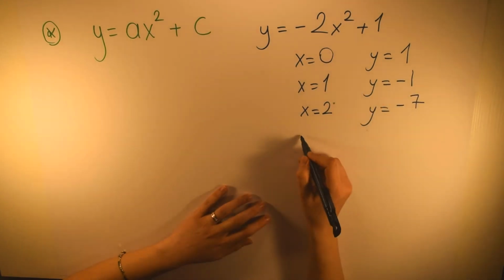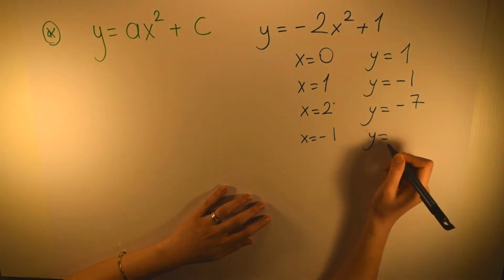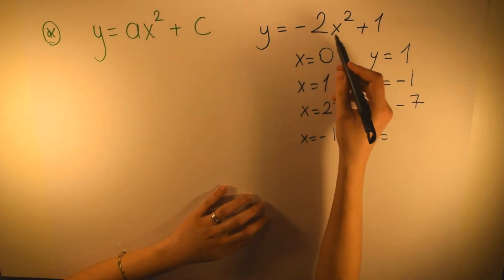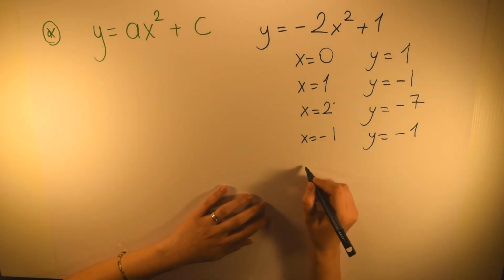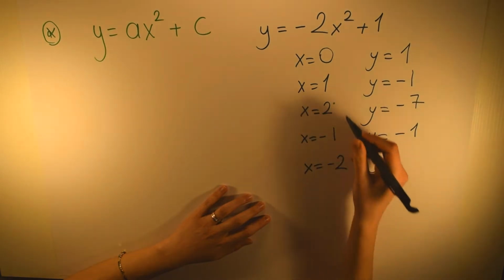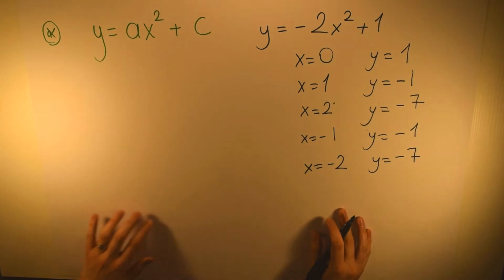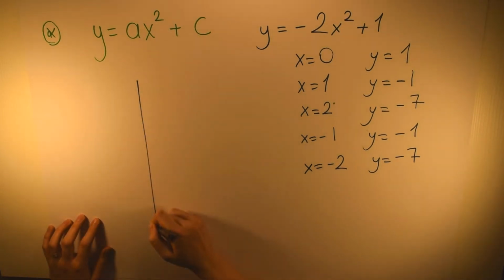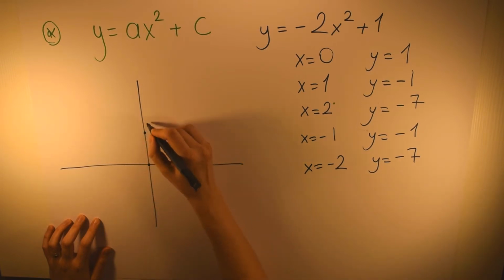When x is equal to 2, y is equal to 2 squared, 4, minus 8 plus 1, it's minus 7. When x is equal to minus 1, y is equal to minus 1 squared, it's 1, and here we will get minus 1. And when x is equal to minus 2, y is equal to 4, minus 8, minus 7. So same thing, you just draw your graph here, and when x is equal to 0, y is equal to 1.